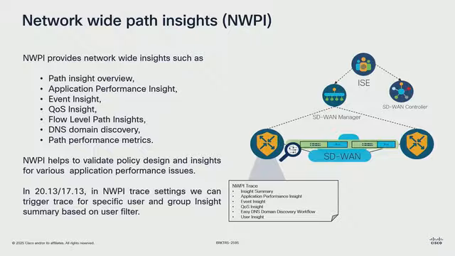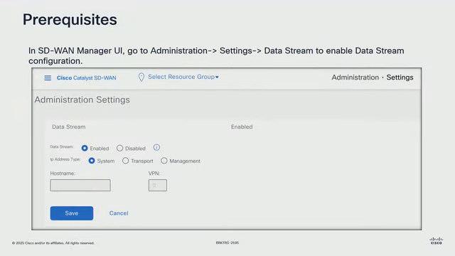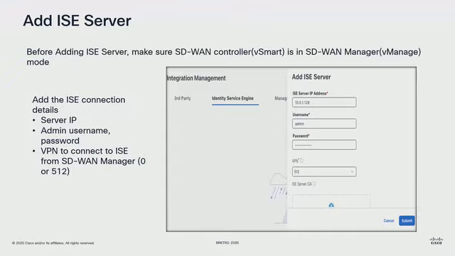We can utilize that. In order to deploy ICE, of course, your data stream should be enabled. That's one given thing. In order to deploy ICE, you need to get into the integration management, ICE. You have to put the IP address, username, password, and what VPN you want to connect it.